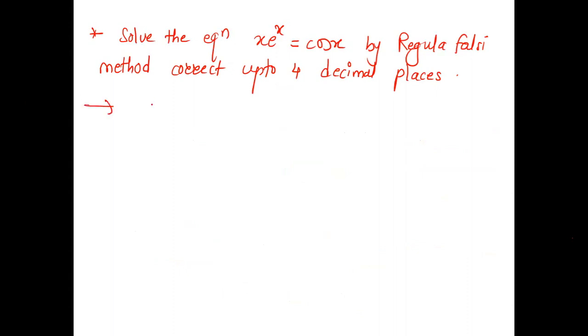So given is a function. Let it be f of x. You should always write the function equal to 0. So shift everything to one side: f of x is x e raised to x minus cos x, equal to 0.